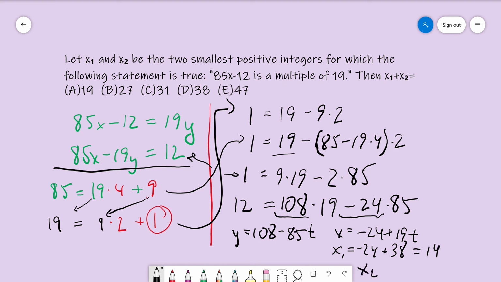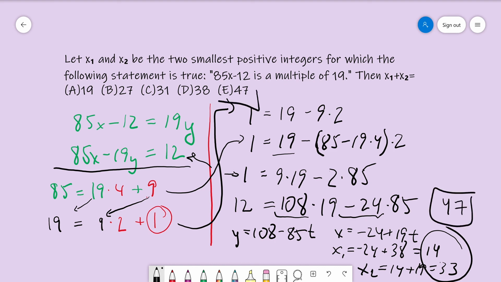And x2 is going to be 14, like x1, plus another 19, which is equal to 33. And then if we add these two up, that's what the problem is asking us for, to get their sum, then we get 47, which is answer E.